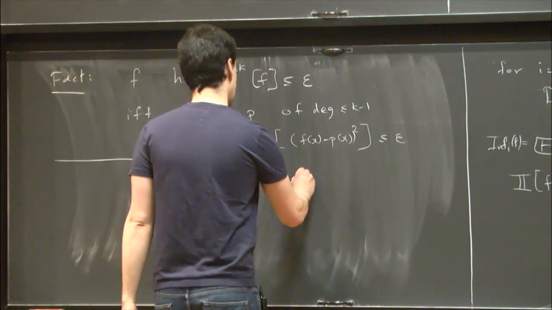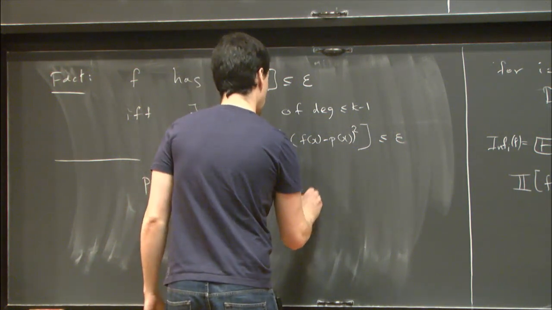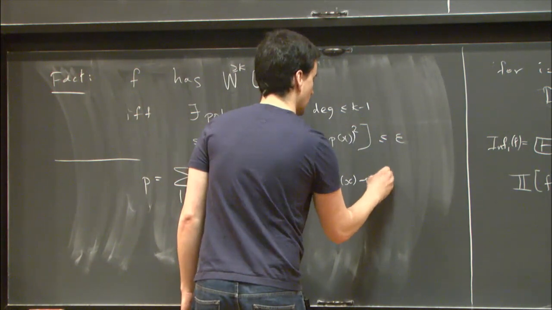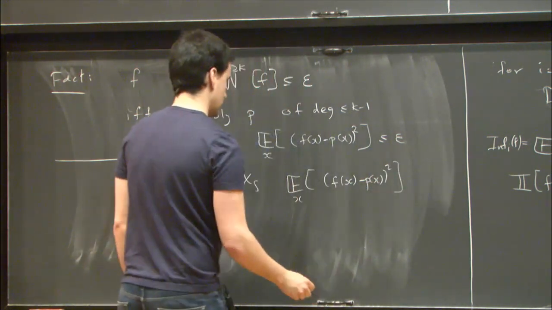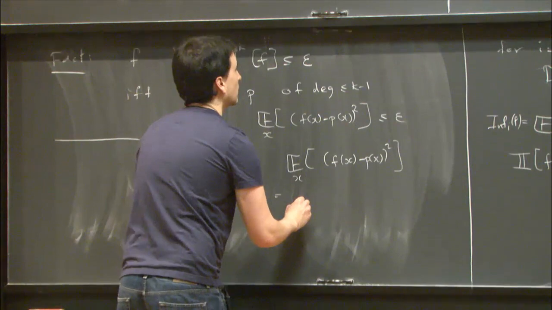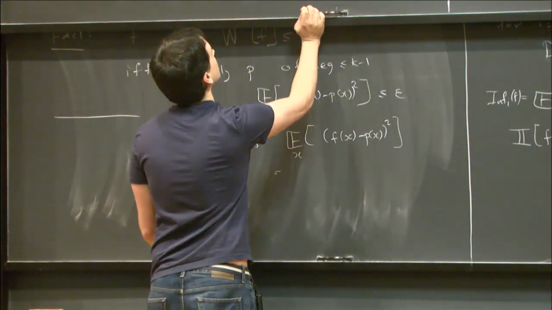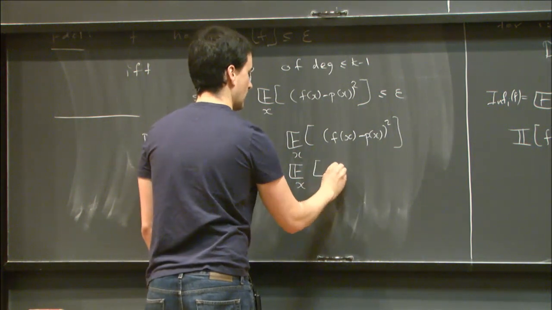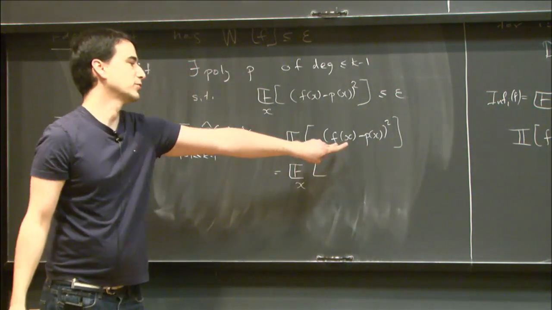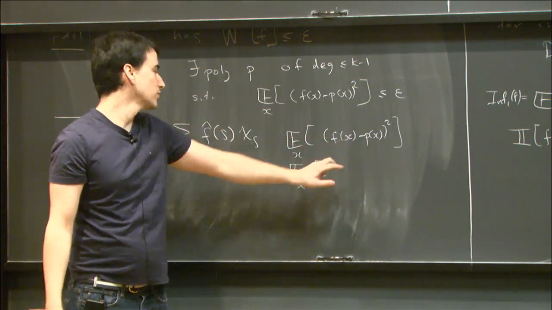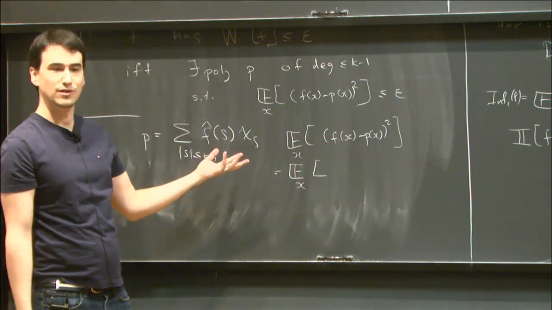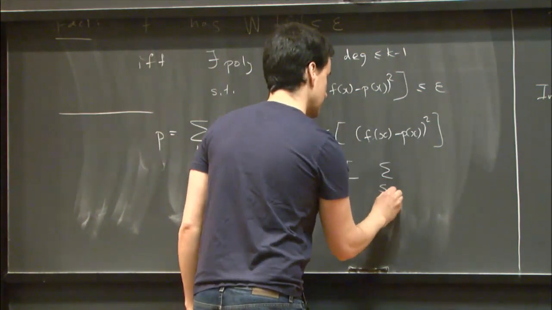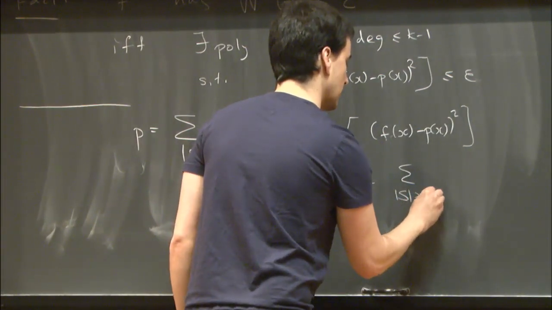And what is the expected value of (f(x) minus p(x)) squared? This is exactly what I have left when I subtract the two. I'm left only with the large characters, right? So I'm left only with the sets of size bigger than k.